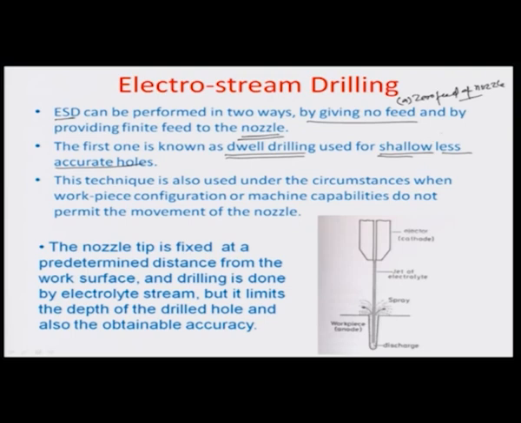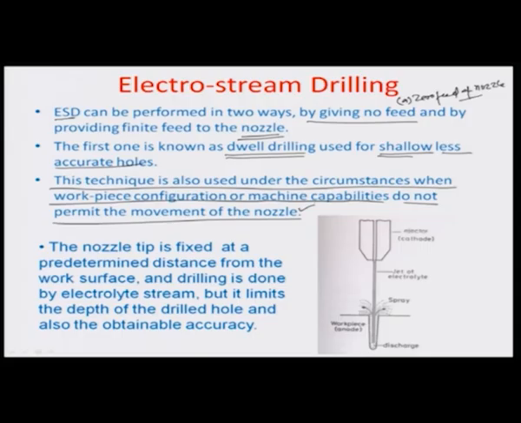Okay. And this technique is also used under circumstances when the workpiece configuration or machine capabilities do not permit the movement of the nozzles. There are many a times when you are faced with a situation where you cannot move the workpiece, or you cannot ensure relative motion between the tool head and the workpiece.